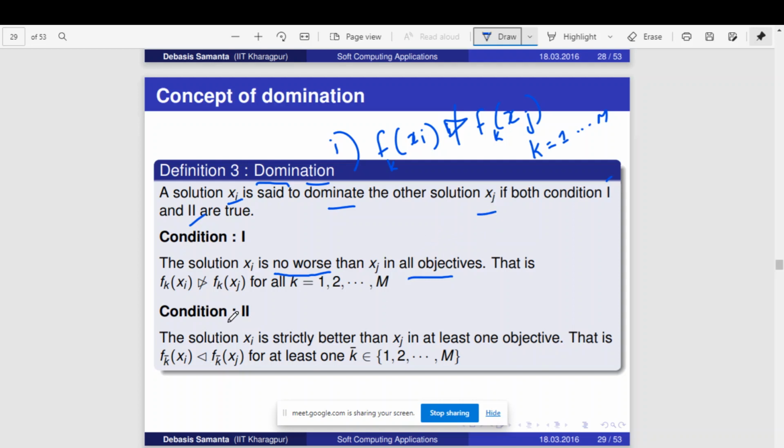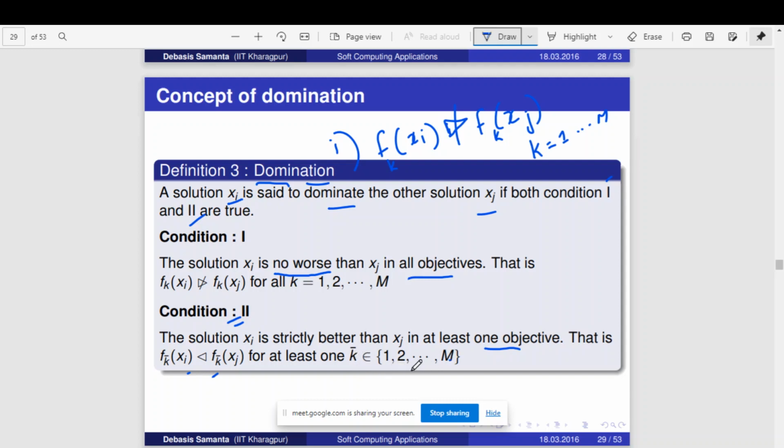And the second condition says that the solution xi is strictly better than xj in at least one objective function. Out of all these functions, for at least one of the functions, the solution xi should be better than xj. The different objective functions are 1 to m.